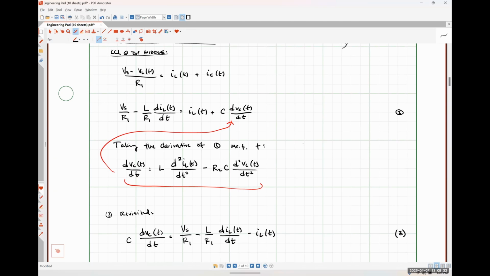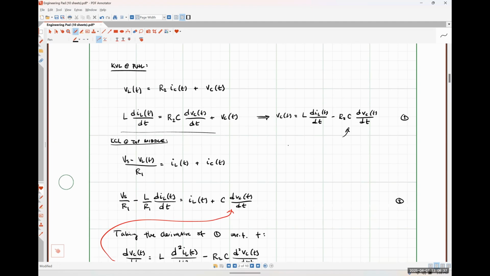And I have this equation up here where I have an inductor current term by itself, and then something related to the derivative of the capacitance, which I now have expressed only in terms of the inductor current, and the capacitor voltage itself, which again, I've expressed only in terms of that inductor current. So let's see what happens if we substitute into one.